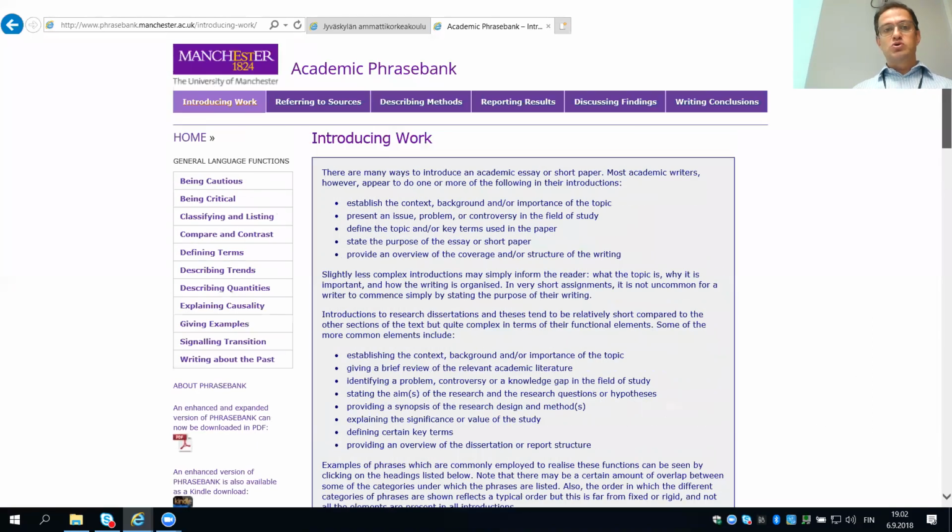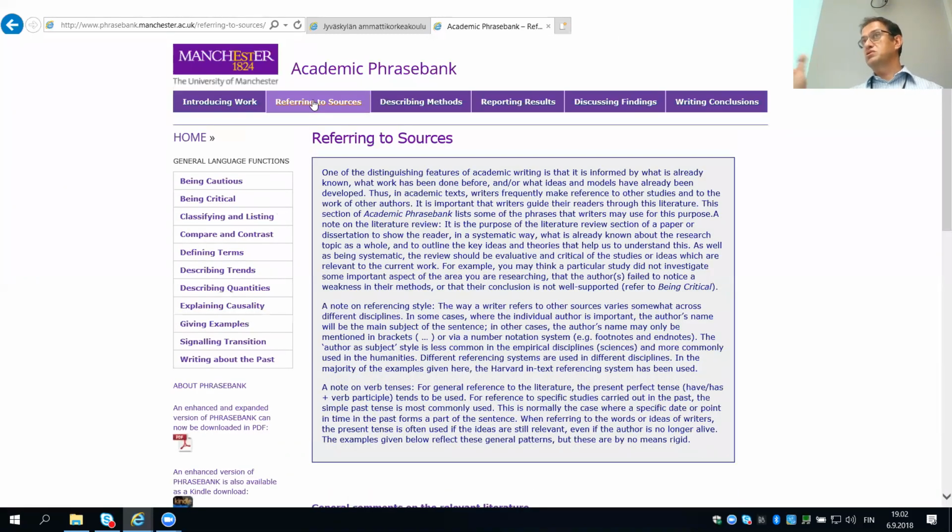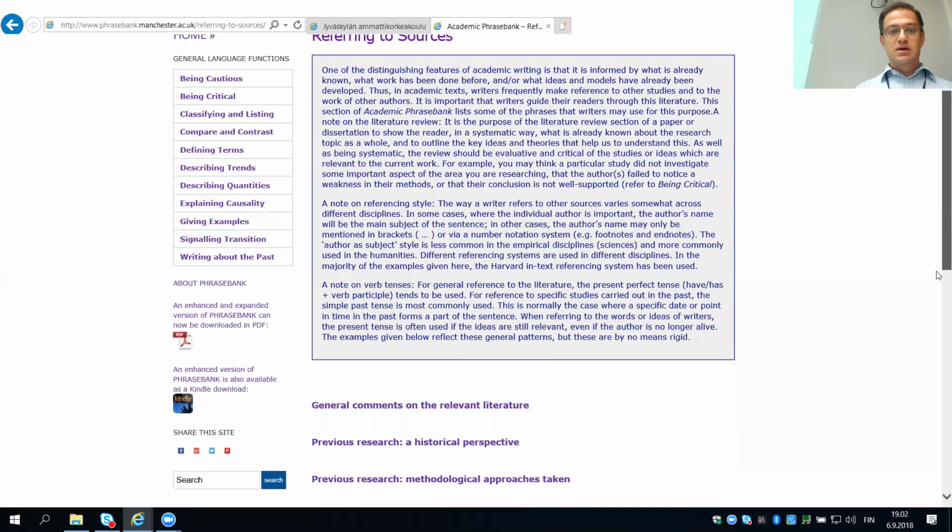Same goes with, for example, when you are doing your literature review chapter. This is the chapter that you are currently working on.